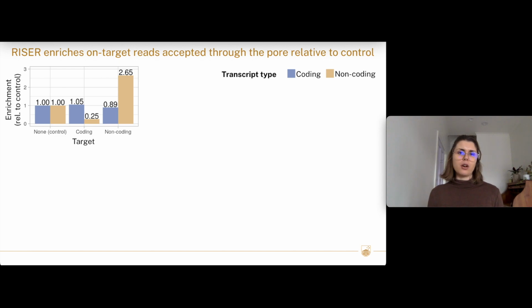We also found that of the reads that are accepted through the pore, the target is enriched by RISER. You can see that for the run where coding was the target, which is the columns in the middle here, there was a small enrichment of the coding reads and a large depletion of the non-coding reads, relative to a control run where RISER wasn't used. Similarly, for the run where non-coding was the target, there was around a 2.6x enrichment of non-coding and a depletion of coding.